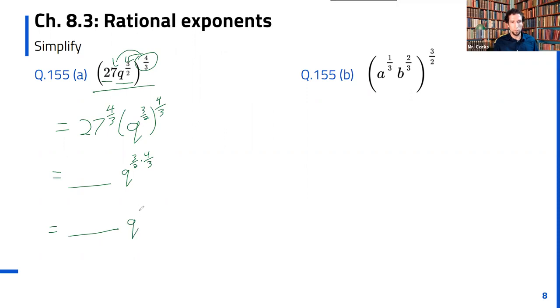So q to the exponent 12/6. And then that's just 2. So q squared. Okay, let's do the 27 part of this. What can we notice about this? 27 to the exponent 4/3. What's the first thing we can notice?